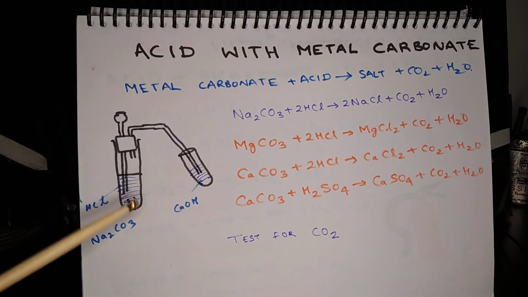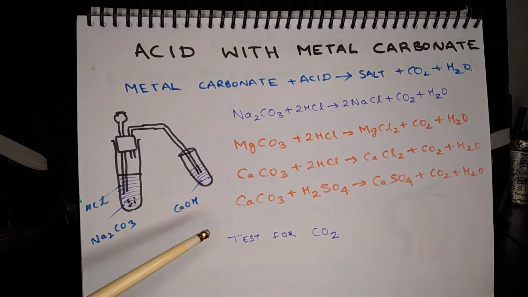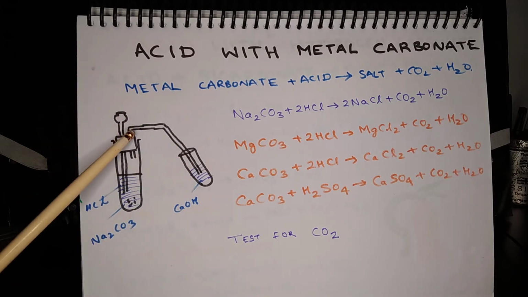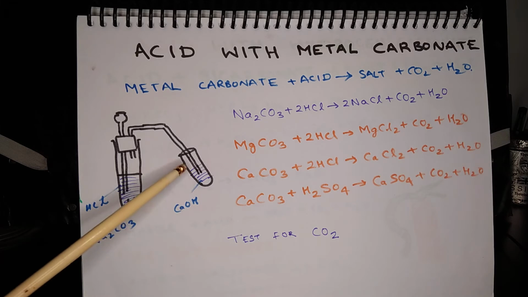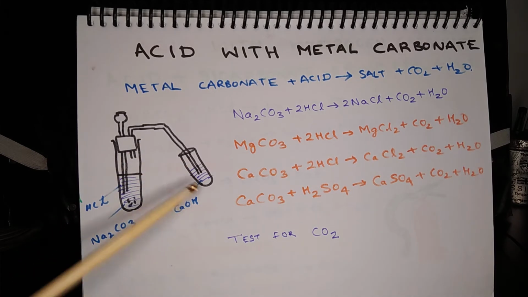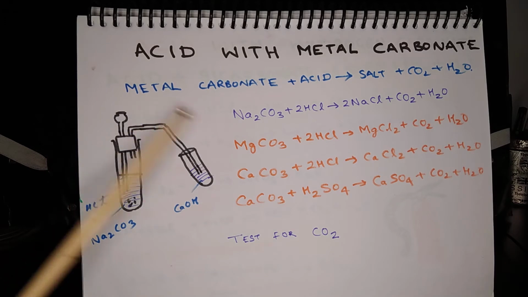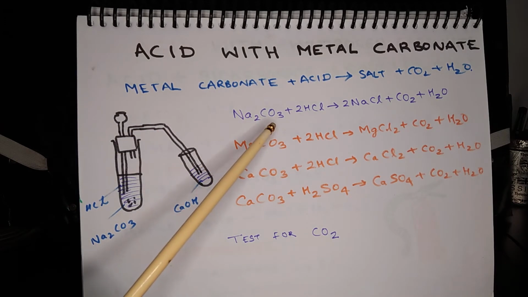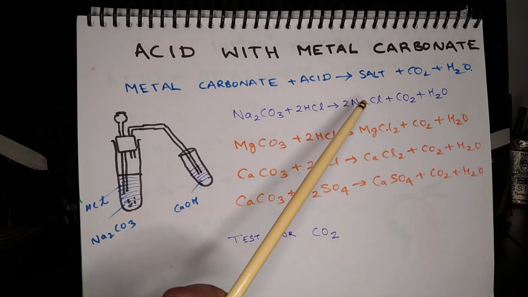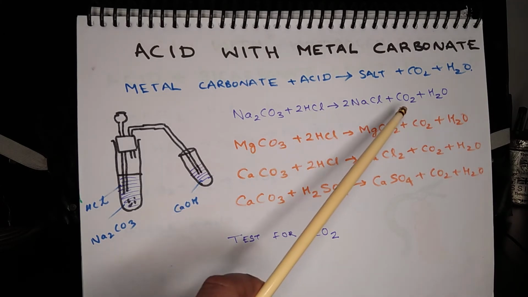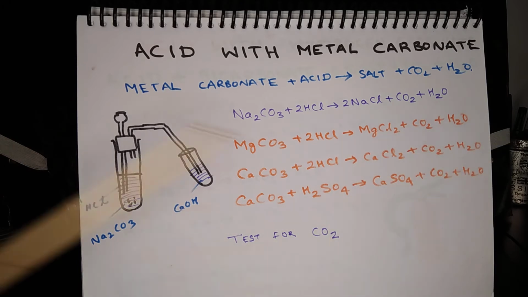Once the reaction happens, a gas is evolved. Now, this gas is passed through a test tube which contains a solution of slaked lime, that is calcium hydroxide. So the equation is Na2CO3, that is sodium carbonate, plus 2HCl is equal to 2NaCl plus CO2 plus H2O.